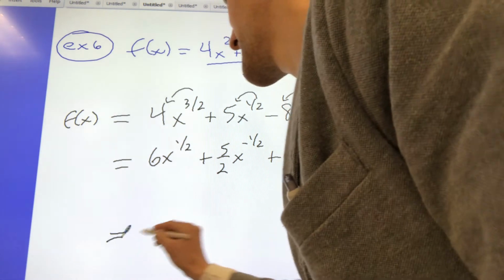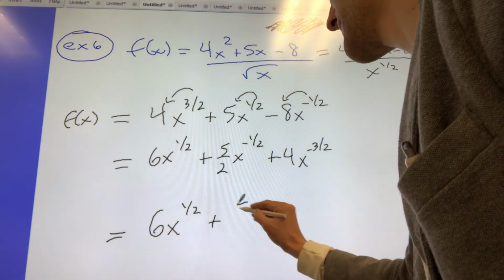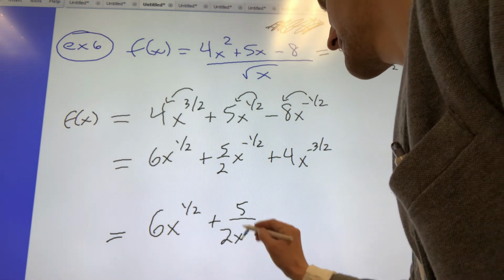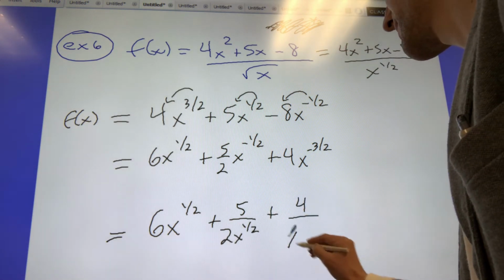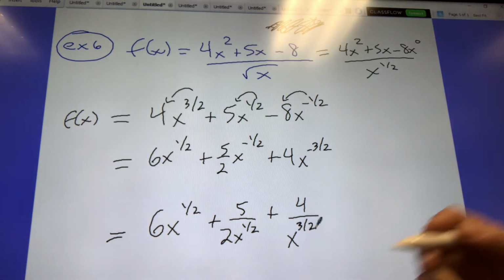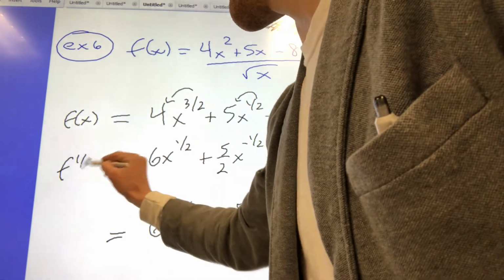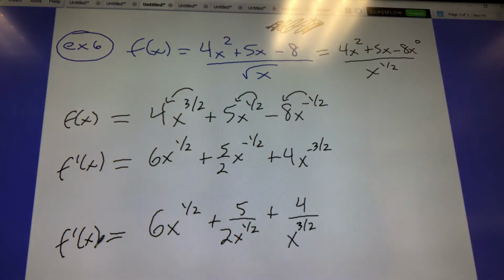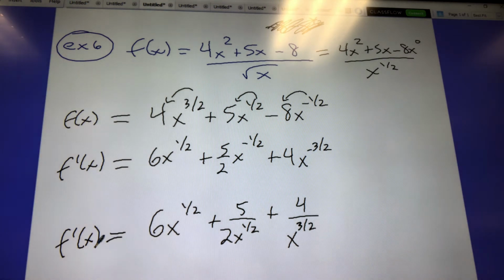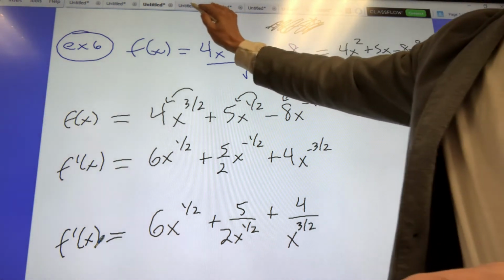Okay, we didn't see any negative exponents, so that's kind of my rule of thumb. So it's going to be plus 5 over 2x to the 1/2 plus 4 over x to the 3/2. Now make sure you write this out for me. That is f prime of x. That is the derivative. Okay? Great. Let's keep going here.